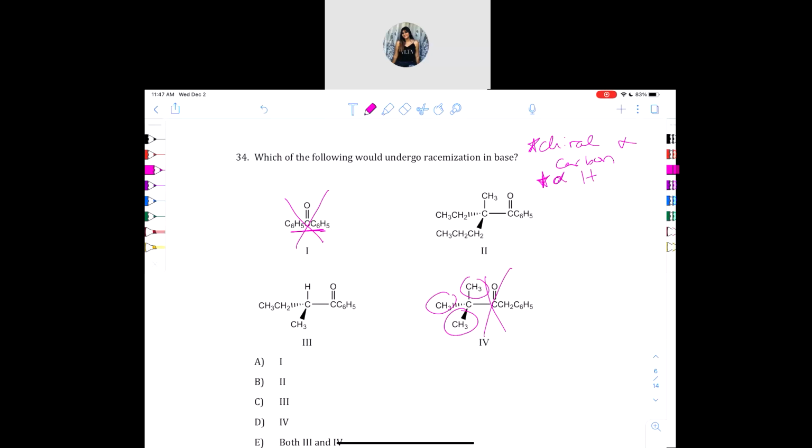Now between 2 and 3, we see that this is definitely chiral. This is definitely chiral. But 2 does not have a hydrogen. Exactly. It just has three carbon groups. So our answer is going to be C, which is this one. Any questions on this one?